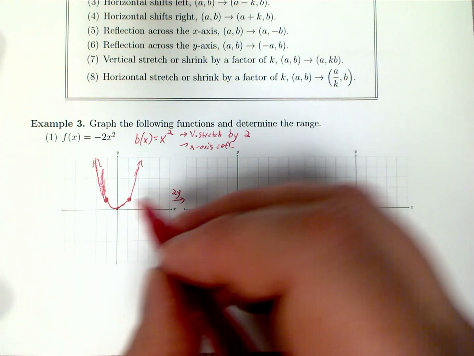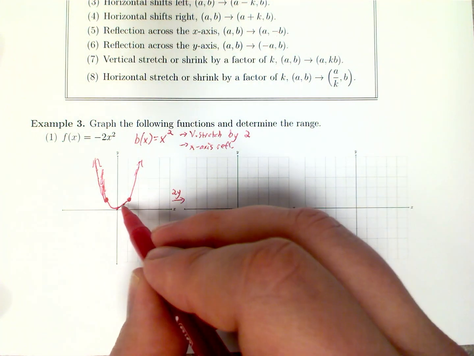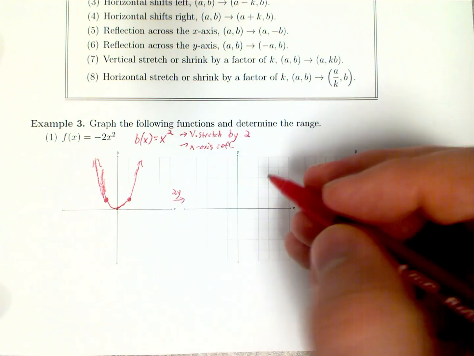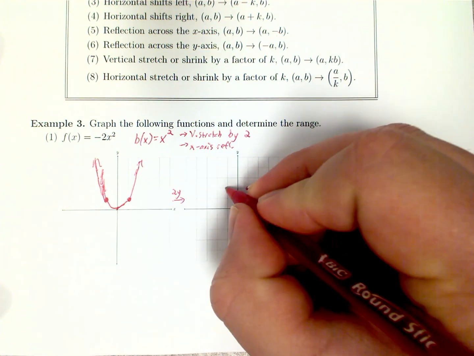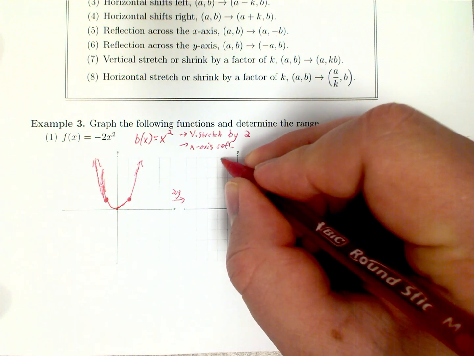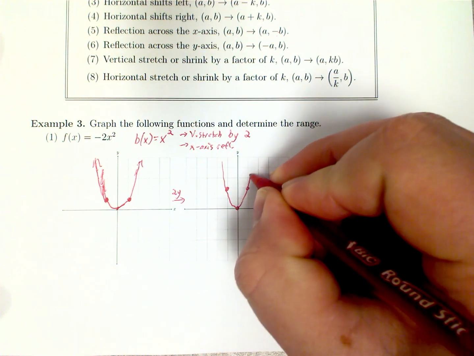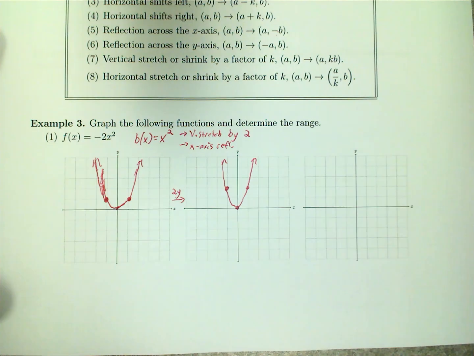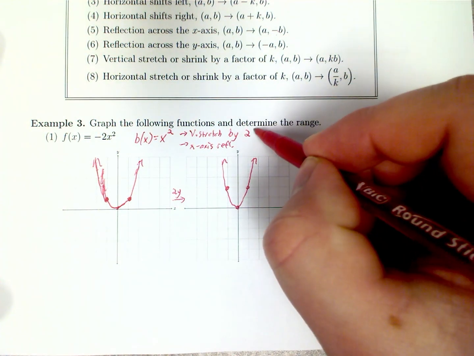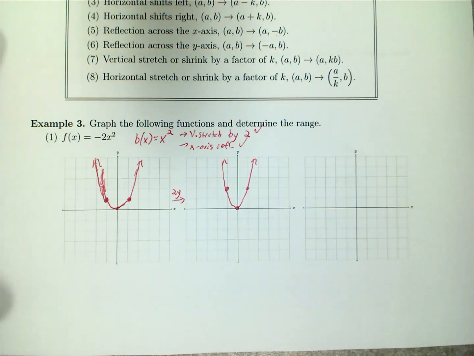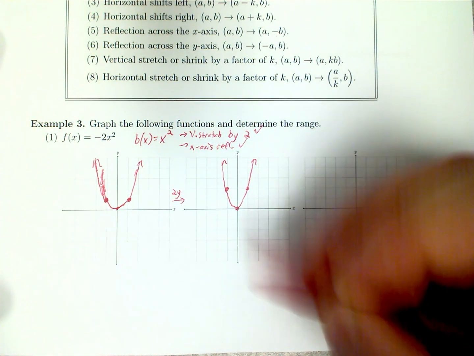So multiply this by 2. Instead of 0, 0, 1, 1, and negative 1, 1, it's going to become 0, 0, 1, 2, and negative 1, 2. Something like this. So we did that part. Now for the next part, we're going to reflect it over the x-axis, so up and down.